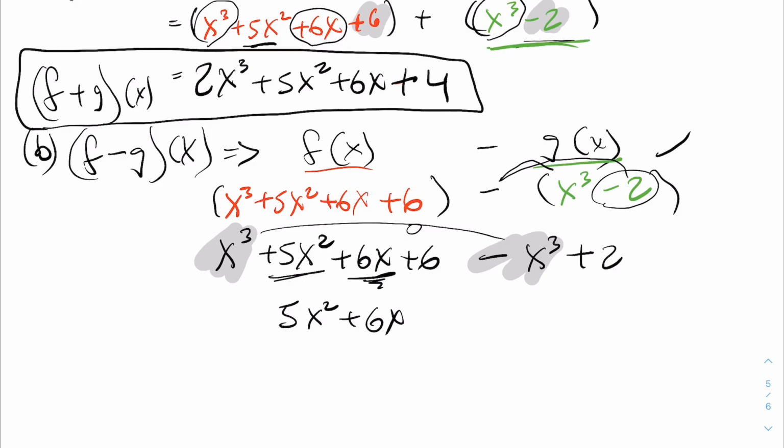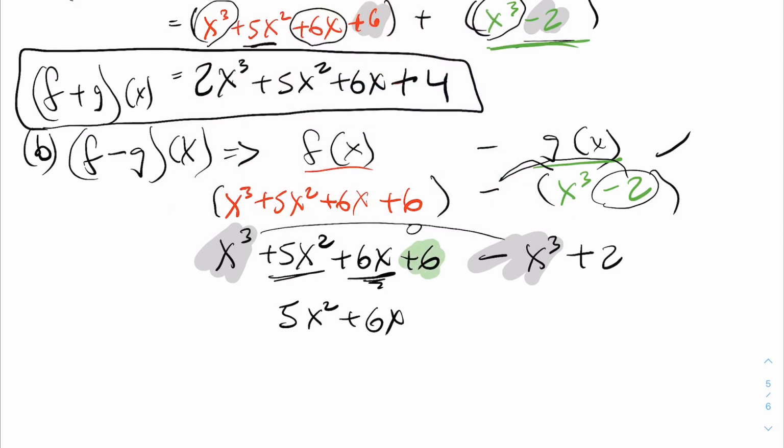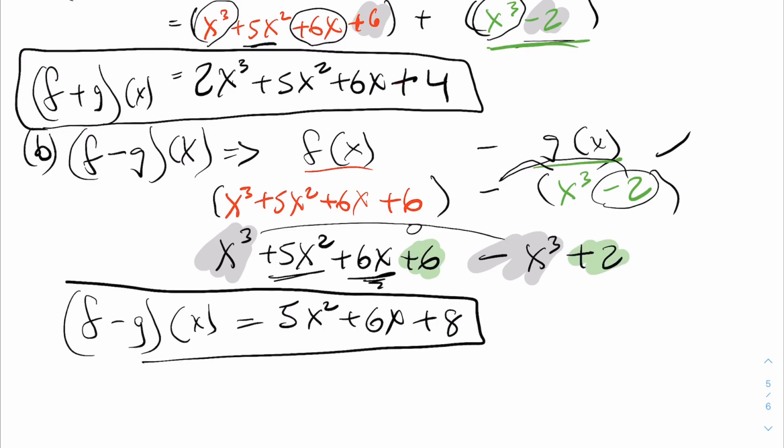And then finally, I have something else to compare to. I've got 6 and 2. 6 plus 2 makes 8. So f minus g of x equals, try to put a box around it, 5x squared plus 6x plus 8.